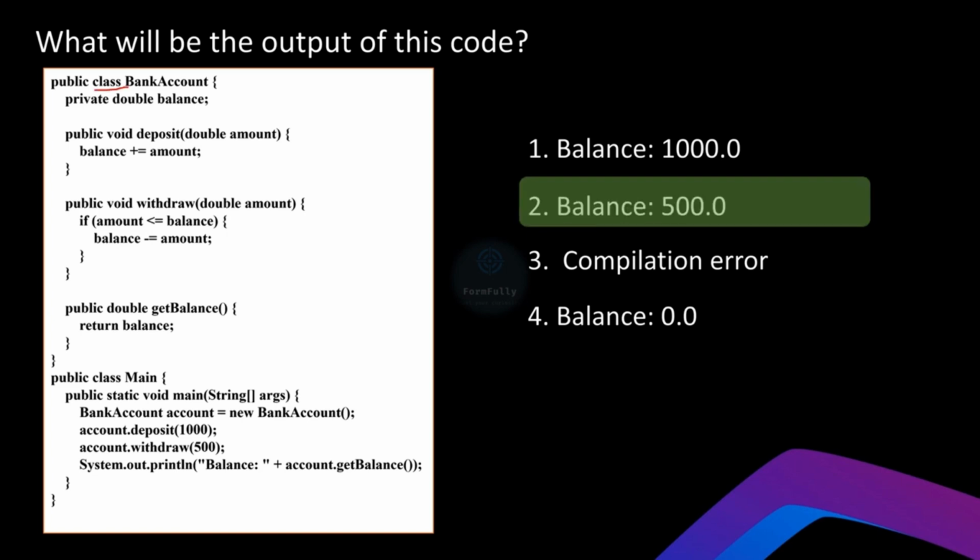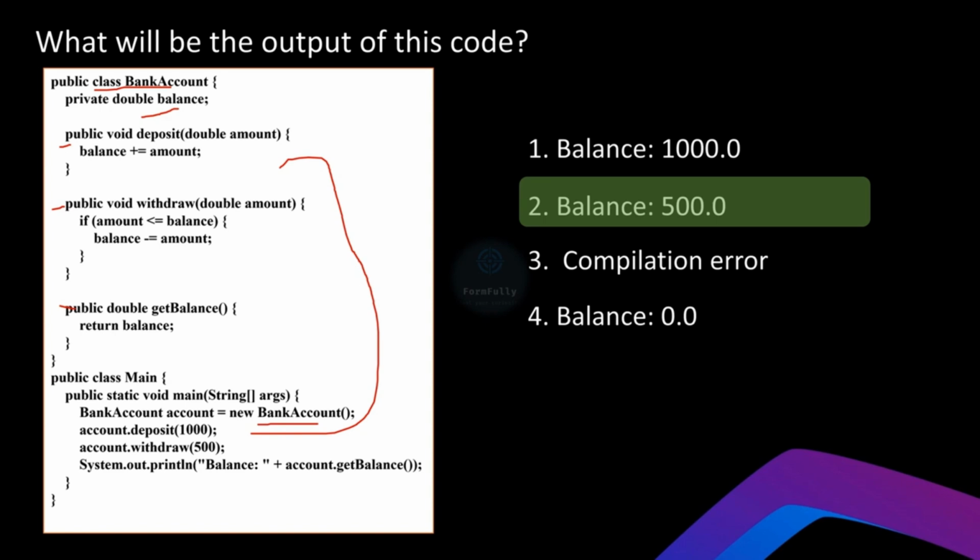Here we have bank account class with private balance instance variable, right? And we have 3 methods for depositing, for withdrawing, and for getting balance. In main class, main method, we create a bank account object, name account. We deposit 1000 into account using deposit method, which increases balance to 1000, right?